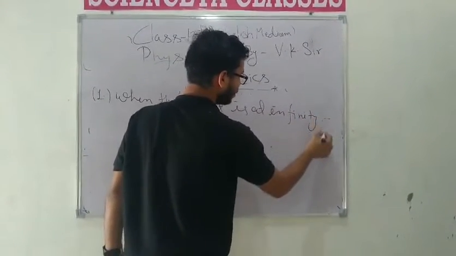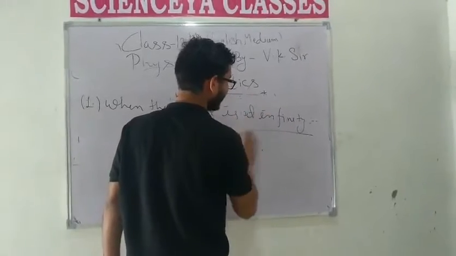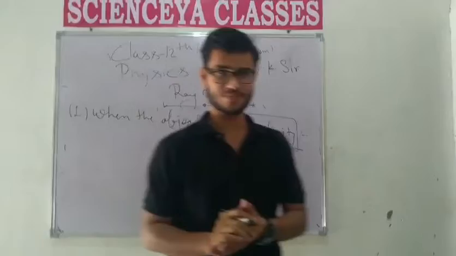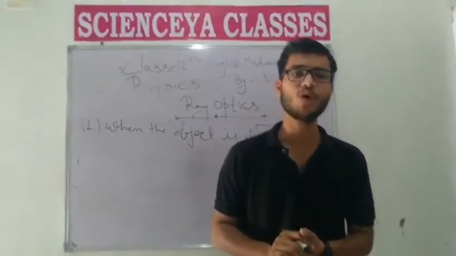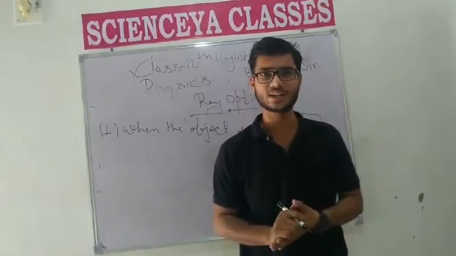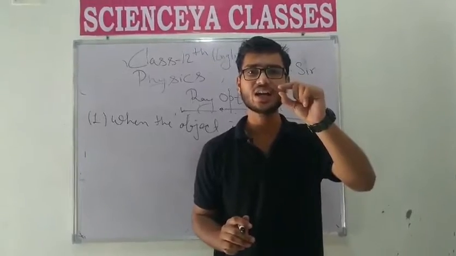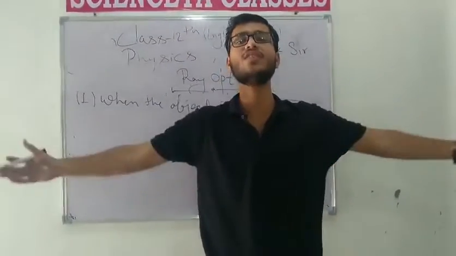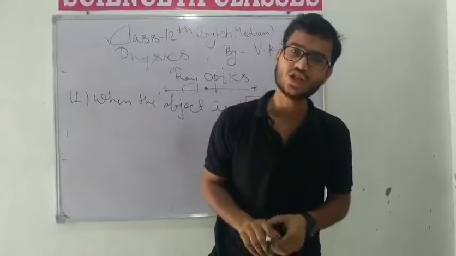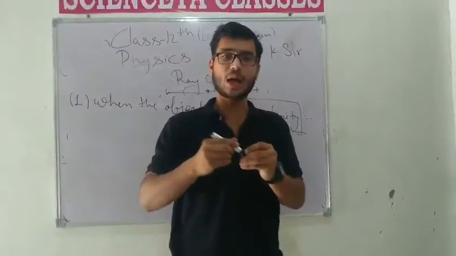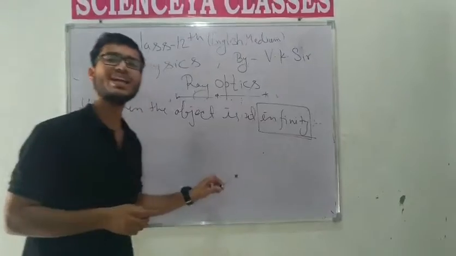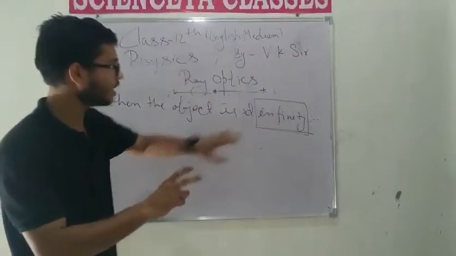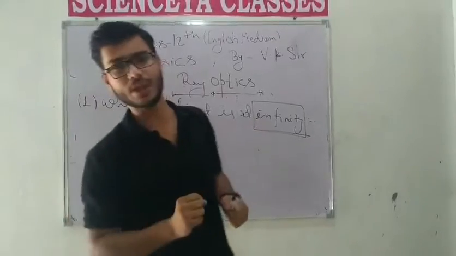Here the term infinity is a relative term. Suppose the size of an ant compared to me is very small. So for the ant I am infinity. The size of this marker compared to this board is very little. So the board is infinity to this marker. Okay, student? Infinity is a relative term.